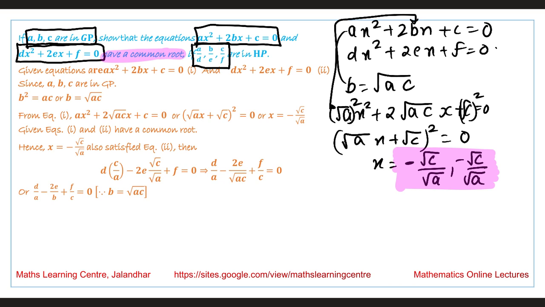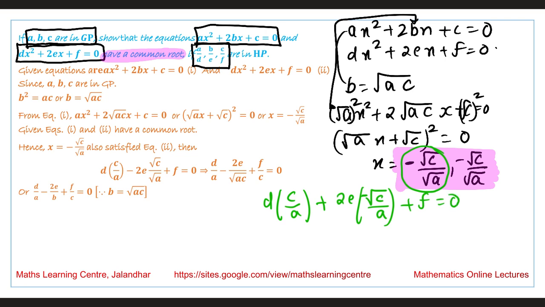So what we obtain from this is that −√(c/a) is a root of this equation, so it should satisfy it. We are saying d·(c/a) + 2e·√(c/a), with a minus sign here, plus f is equal to 0.